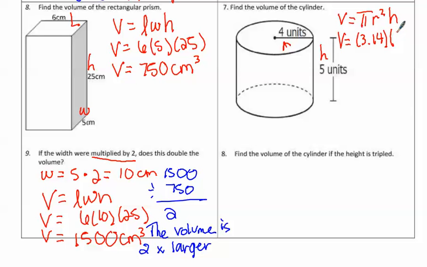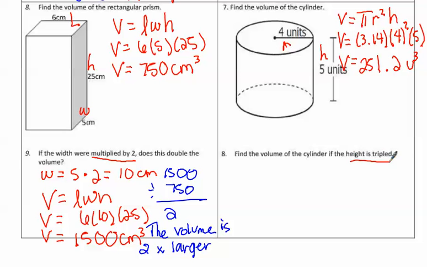R squared is 4 times 4, and the height is 5. When I multiply this from left to right, I get 251.2 units cubed.